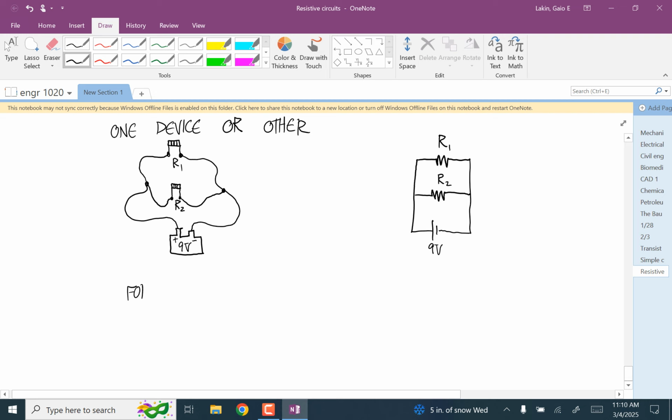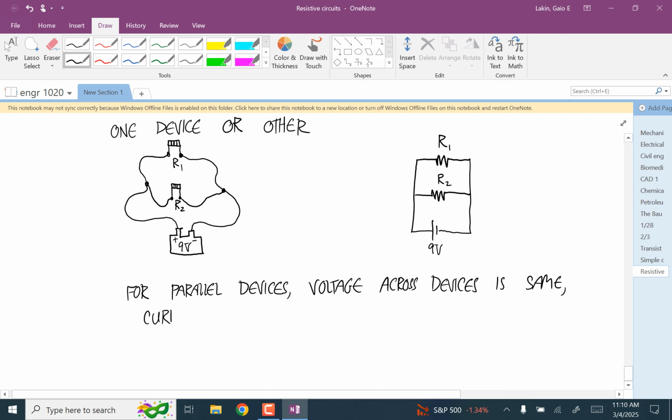For parallel devices, the voltage across the devices is the same, and the current is different.